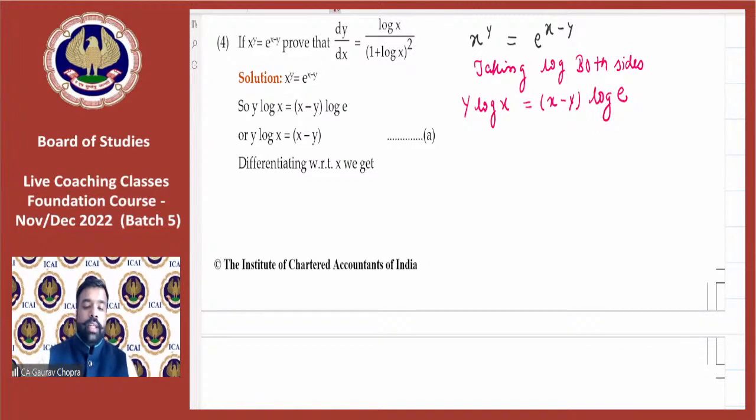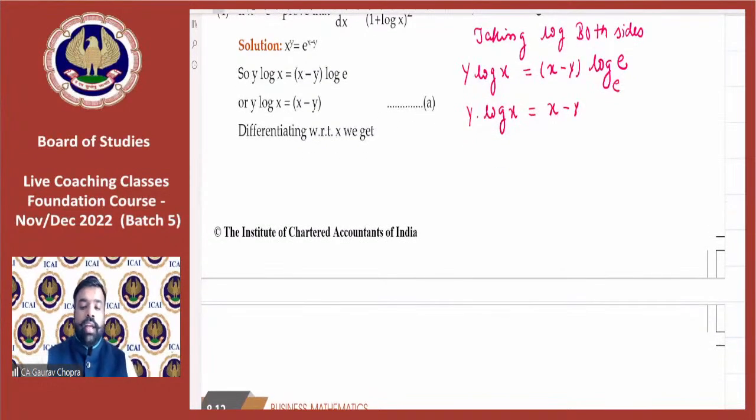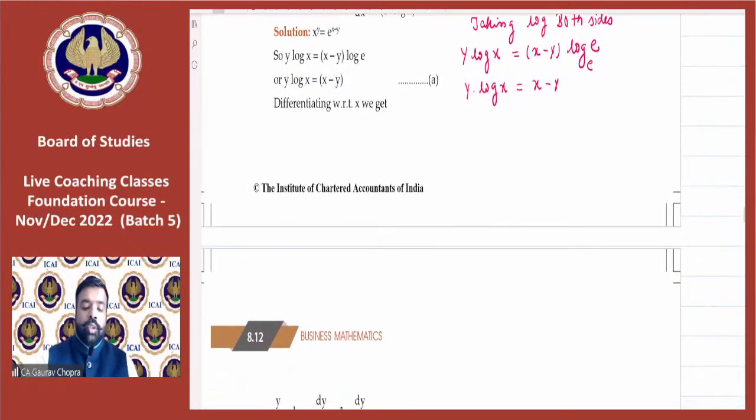Now by default, the base of the logarithm is also e. So log e to the base e is how much? It is always equal to 1. So we can write that y log of x is equal to x minus y, because log e base e is always equal to 1.